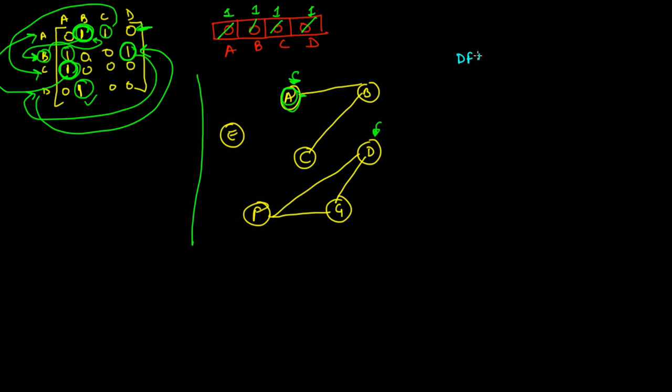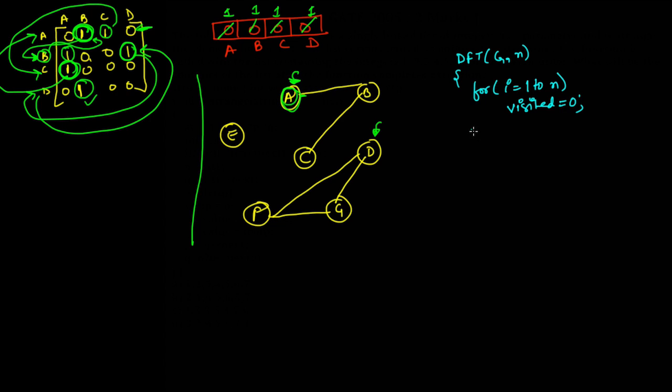So it is DFT, and this depth first traversal is going to take the graph and the number of nodes in the graph. Then for i equal to 1 to n, that means for each node in the graph, make visited of those nodes 0, right?